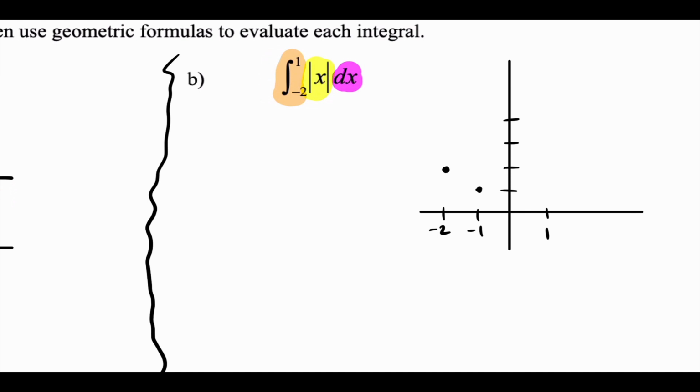When I plug in 0, I get 0. When I plug in +1, I get +1 again. And there are my bounds right there. So I'm going to connect the dots. So I have two regions. The first one is here. The next one is here.